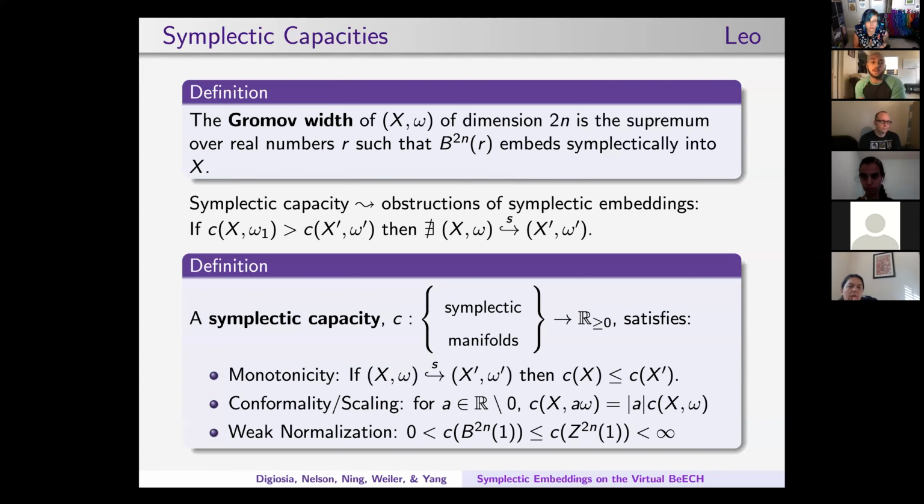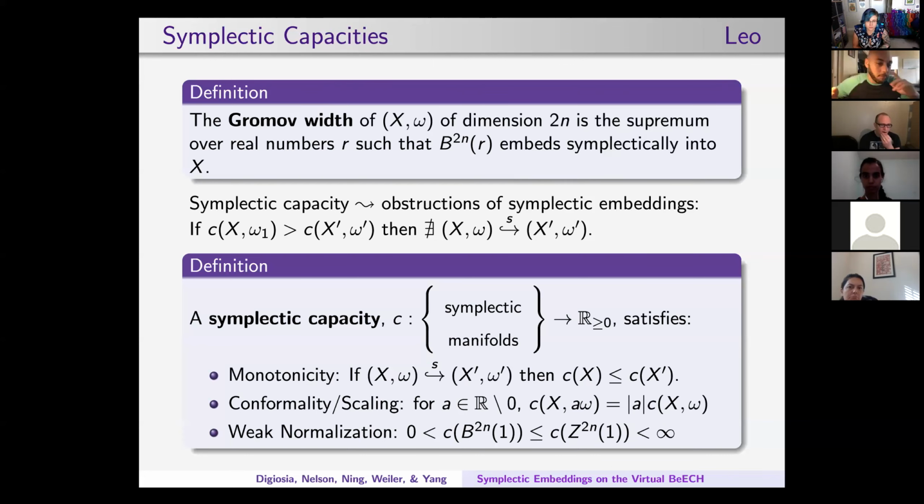So the first one is the most important one that we'll be dealing with today, monotonicity. If you do know that there's a symplectic embedding of X into another manifold, X prime, as I said previously, that you should think in your head that that makes X prime like the bigger symplectic manifold, then you better have an inequality of the capacities of those 2 symplectic manifolds. Like X prime is bigger in some sense. It has a bigger measurement.